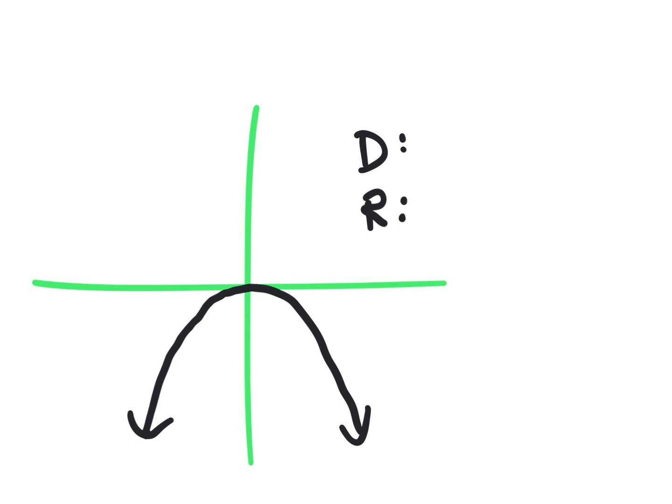The range is how far it goes from low to high. You've got to ask yourself, if I extended this thing, if I just kept going the way it's going, how far left and right would this graph go? That's your domain. And the range is how far up and down it would go.